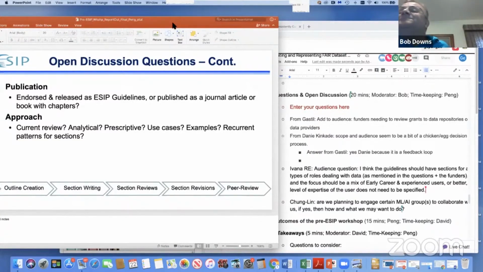And so if we could develop use cases and then look at those particularly from a user's perspective, I think that would be really helpful.